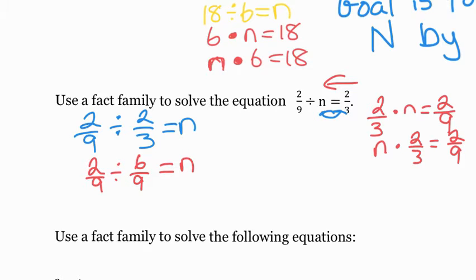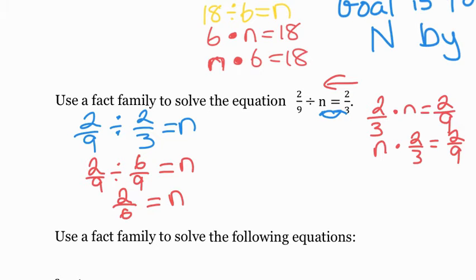Then I'm going to divide across. Remember, my numerator I'm just rewriting as 2/6, and 9 divided by 9 is 1, so I don't have to worry about that. And 2/6 equals n. Remember, I'm simplifying this side because that side of the equation already has n.